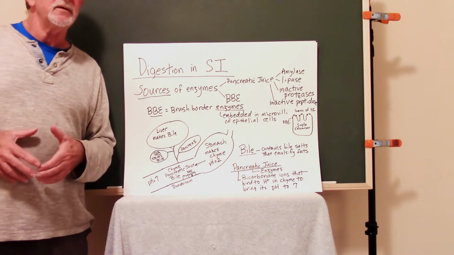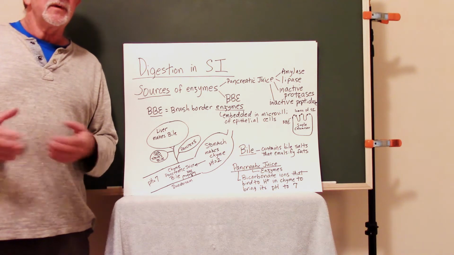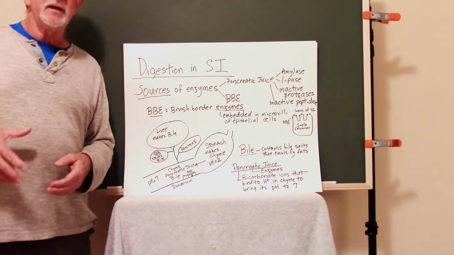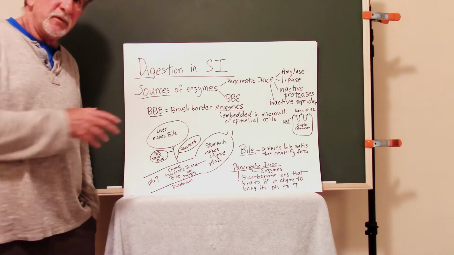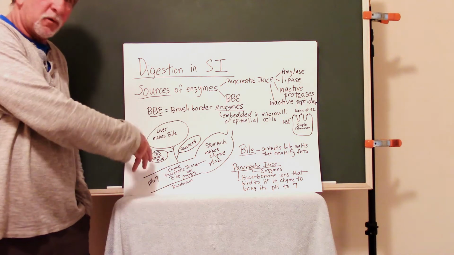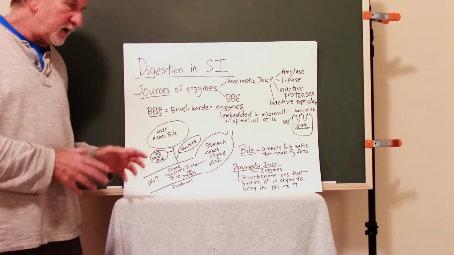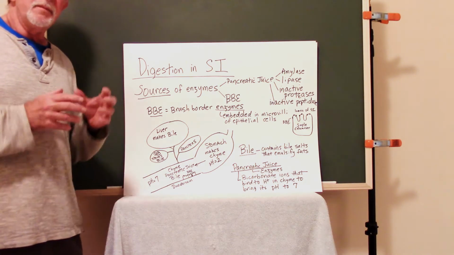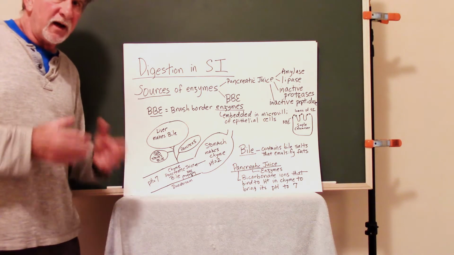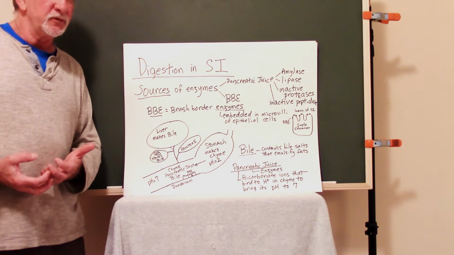In other words, they wouldn't catalyze reactions at a pH of 2 because the intestinal enzymes would be denatured at a pH of 2. So when the chyme with the pH of 2 comes into the duodenum, the chyme mixes with the bicarbonate ions in the pancreatic juice, and the bicarbonate ions bind to the hydrogen ions in chyme, removing them from solution.